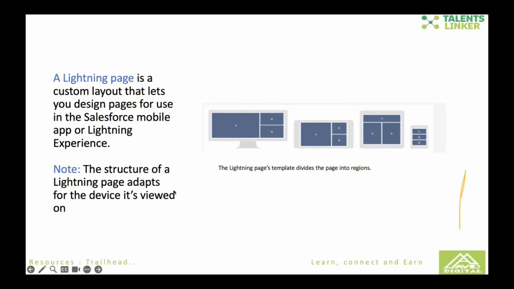That is it, because there is a form factor when you are using the Lightning App Builder. It will ask you, do you want to make it adaptable to both desktop and mobile phone?